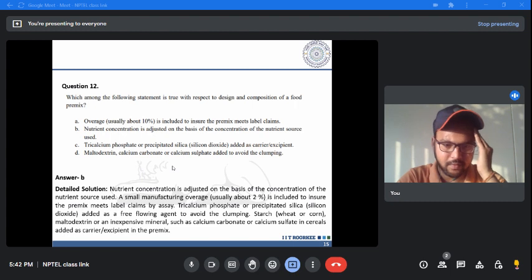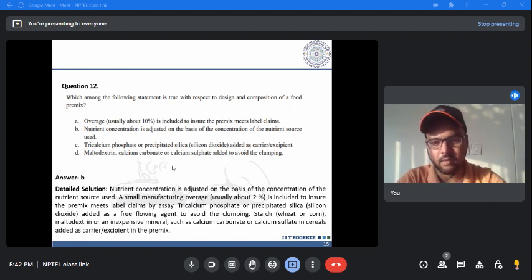Tricalcium phosphate and precalcinated silicon dioxide are added as a free-flowing agent to avoid clumping. Starch, wheat or corn, maltodextrin, or an inexpensive mineral such as calcium carbonate or calcium sulfate in cereals are added as a carrier or excipient in the premix. So answer B is the correct answer.